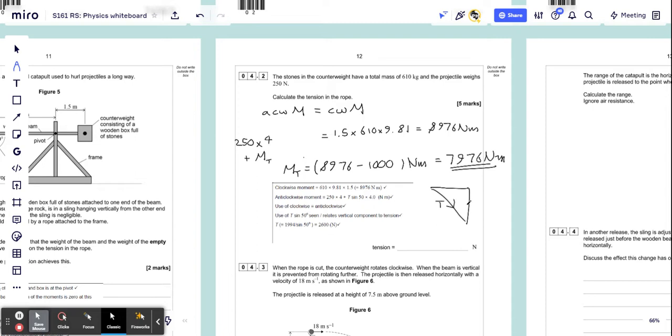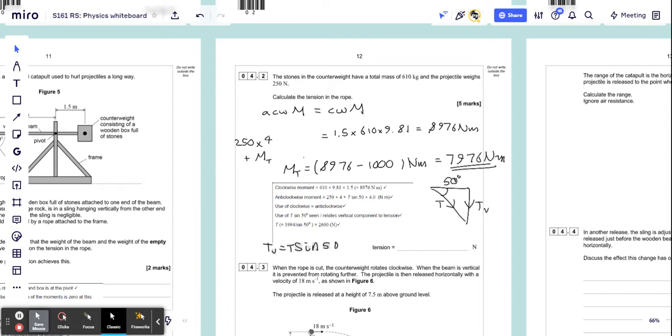This would be the vertical component of the tension, or TV, and this angle is 50 degrees. Using SOHCAHTOA, sine equals opposite over hypotenuse. So TV is going to be equal to T sine theta, T sine 50 in this case.